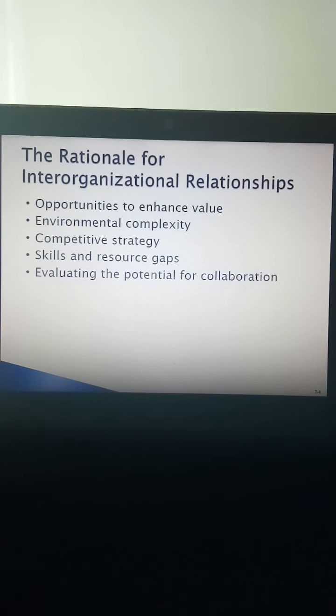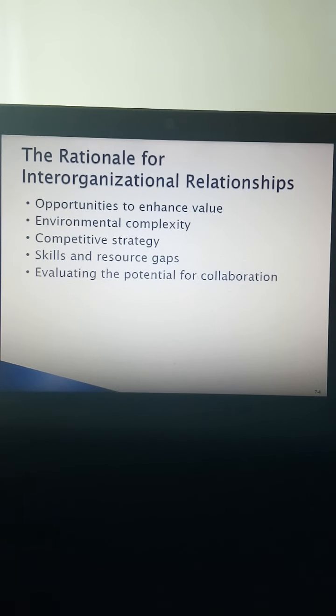Issues such as changes in room rates from time to time, labor supply availability, demand for hotel rooms that always changes, government regulations that also change from time to time, and changes in customer taste and preference are also big issues in our industry. So all this complexity needs to be dealt with and requires good coordination between partners.